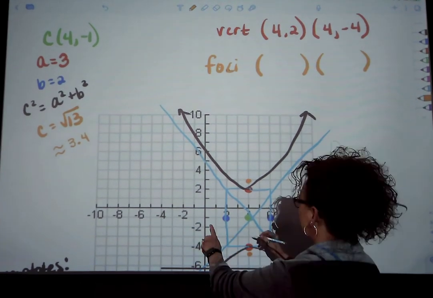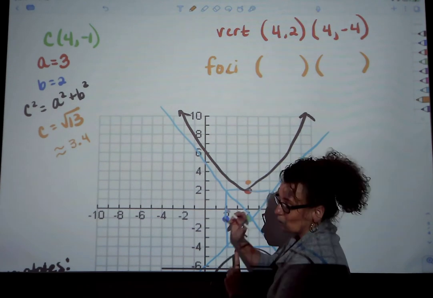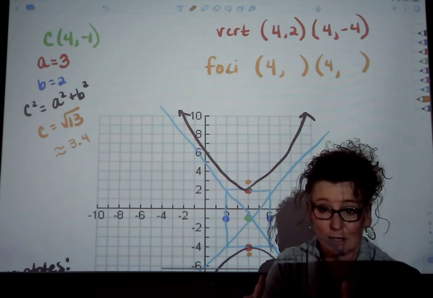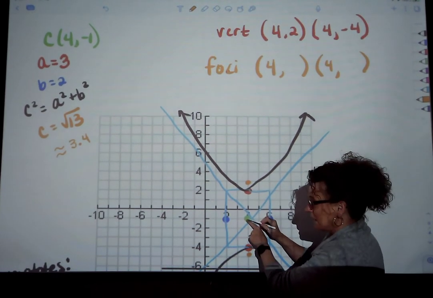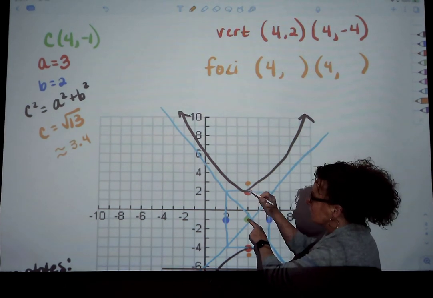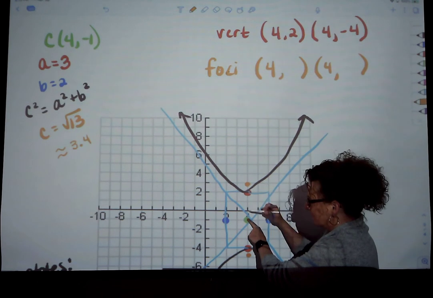Okay, hang on. I need the x value first. The x value is easy. 1, 2, 3, 4. The x value for the orange point is 4. That's the easy part. What's the y value? Oh my goodness. What did we do? We went from here, from -1, we went up about radical 13, about 3.4.